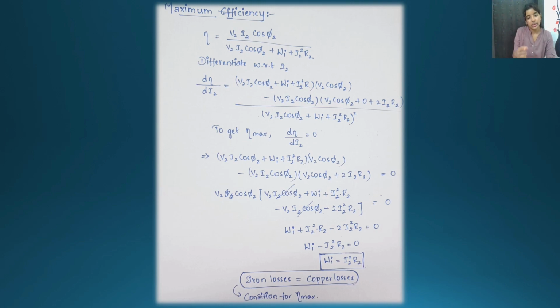So the denominator becomes 0, and on simplifying, you get Wi is equal to I2 square R2. Here Wi is the iron losses and I2 square R2 is the copper losses. So iron losses and copper losses must be equal. That is the condition for maximum efficiency. Only when these two become equal does the efficiency become maximum. That is the conclusion of this slide.